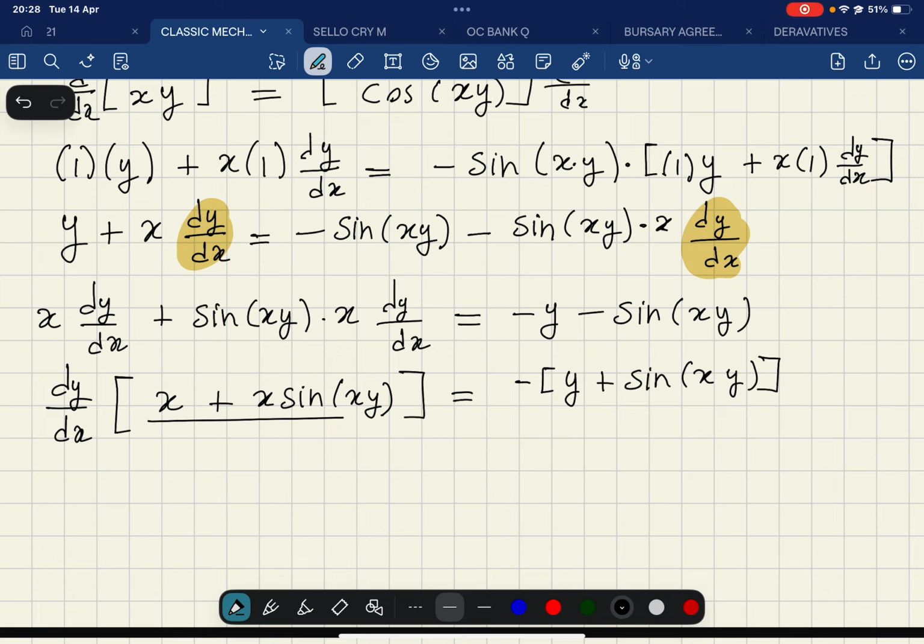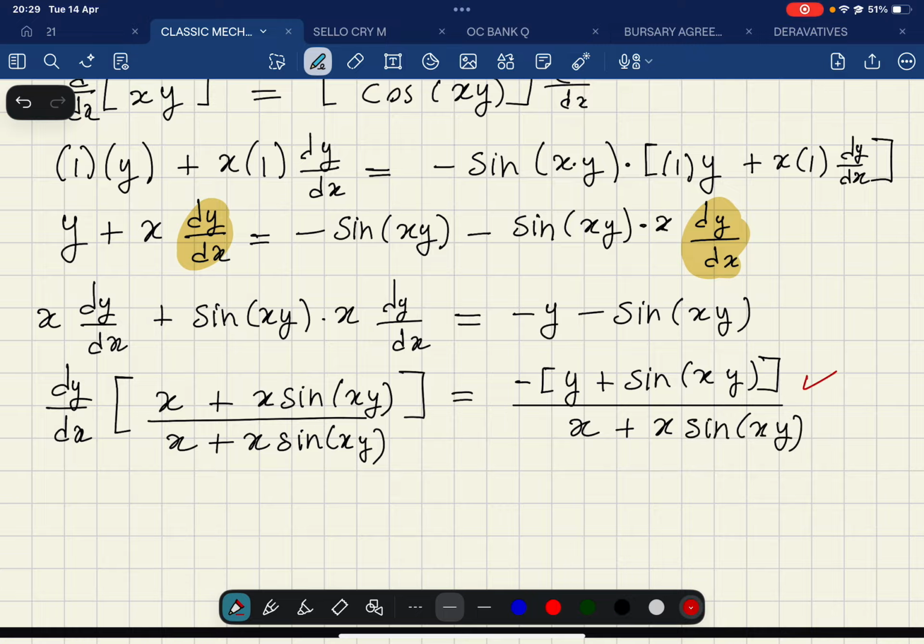So from here I divide both sides by x plus x sine of xy. Even this side I do the same, meaning my final answer is over x plus x, the sine of xy. Then from there you are done.